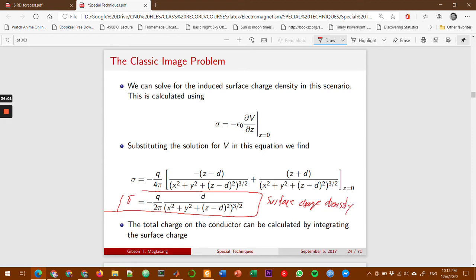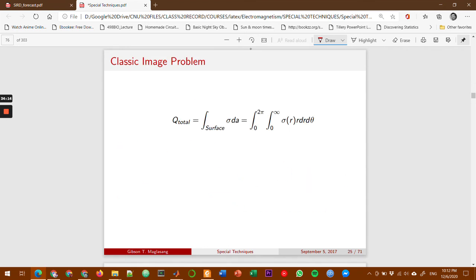So the total charge on the conductor can be calculated by integrating the surface charge. You can get the total charge given the surface charge expressed in this equation. So we have sigma of r, and the area element is r dr d theta.